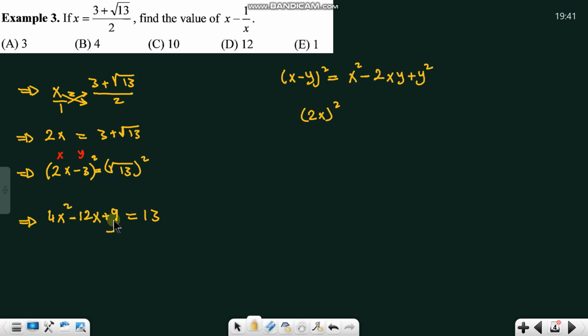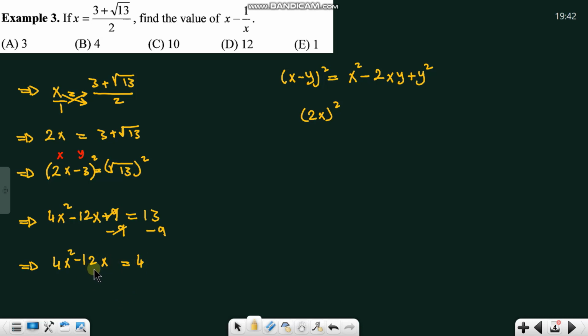How? By the opposite operation of 9. I have positive, so I will use subtraction, because it's going to be cancelled. Now I have 4x squared minus 12x equals 4.